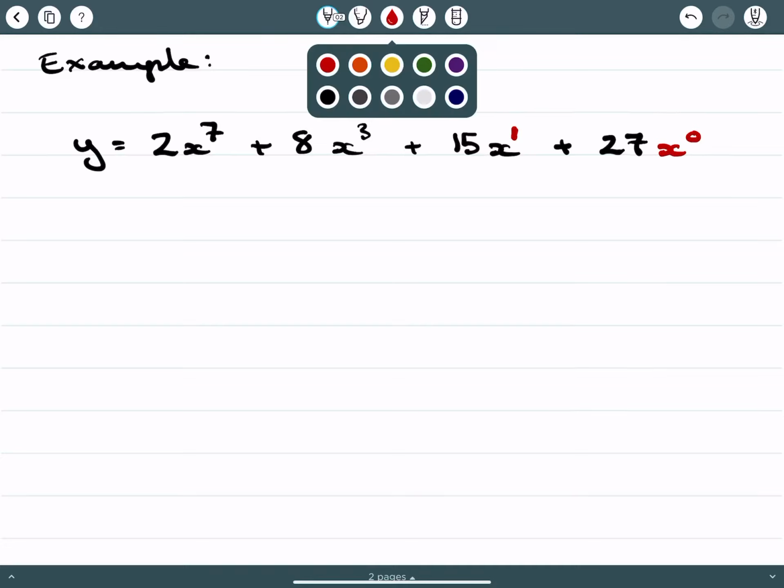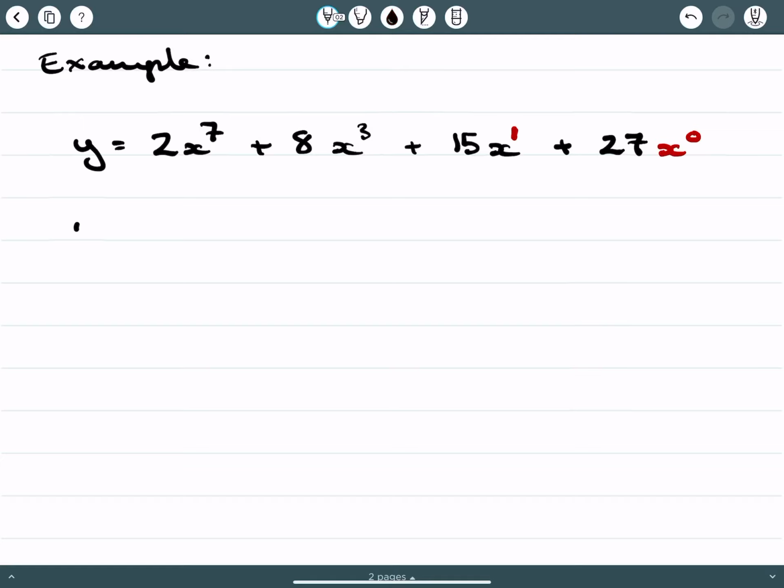When we're finding dy/dx, and you must make this point, because this function is expressed as y, we must express the derivative as dy on dx.